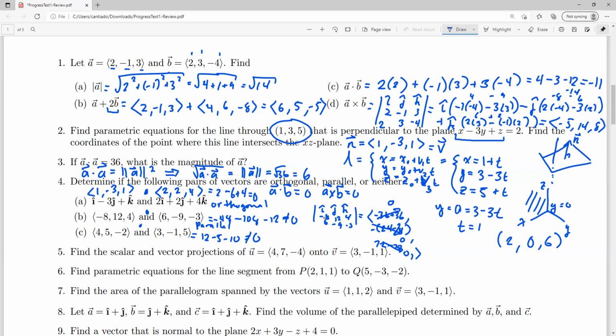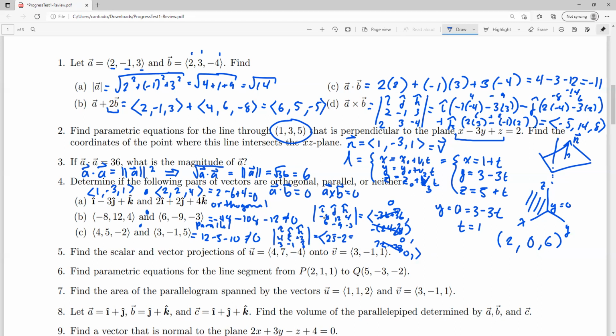If you go ahead and take the cross product of these two vectors, as long as we find a single value that isn't 0, we can stop. So if we take the i hat, that's 5 times 5 is 25 minus negative 1 times negative 2, so that's minus 2.